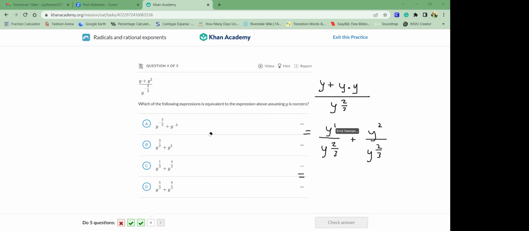So what's 1 minus 2/3? What's this one right here? 1 minus 2/3 is how much? 1/3. So y to the 1/3. And then what's the second one? y to the what? 2 minus 2/3. 2 minus 2/3 is the same thing as what? 6 over, no, 4/2, I meant 4/2.